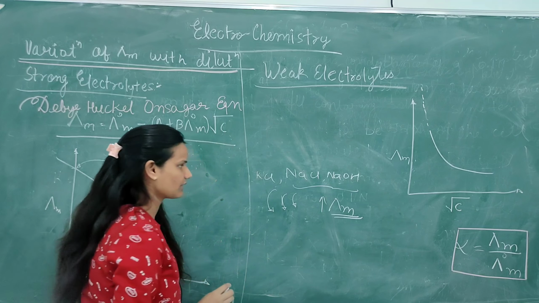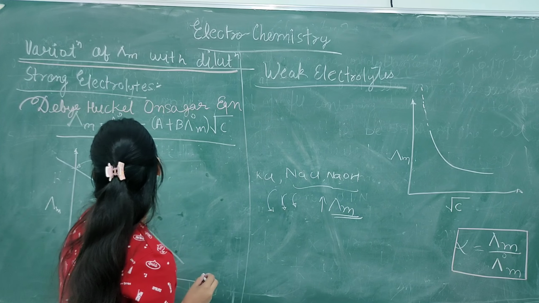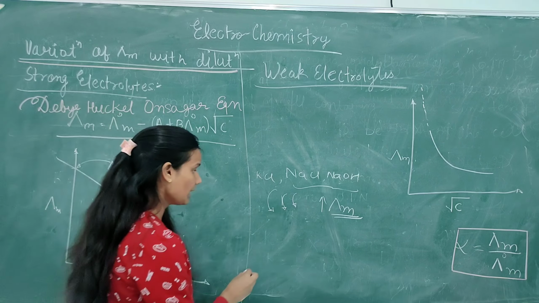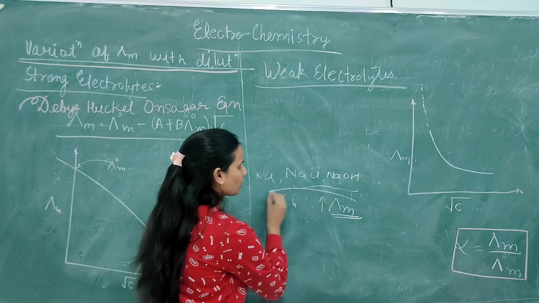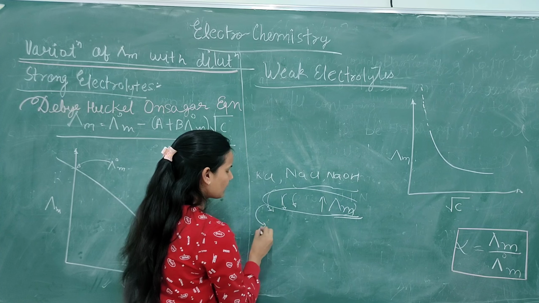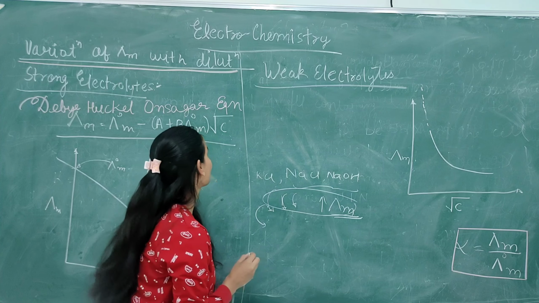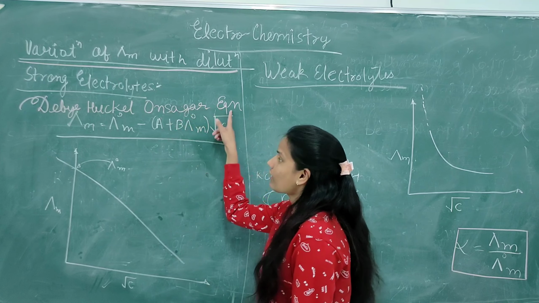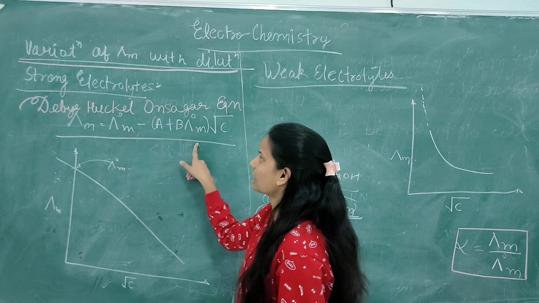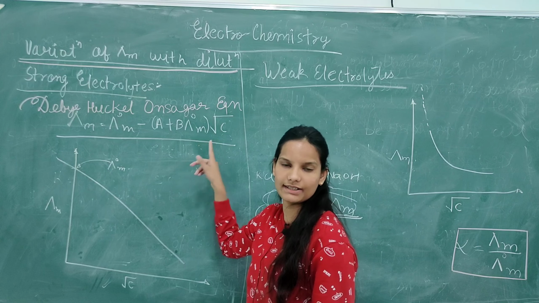Molar conductance is increasing, but what? This complete phenomenon for strong electrolytes was given by an equation, the Debye-Huckel-Onsager equation. This is the basic equation for strong electrolytes.